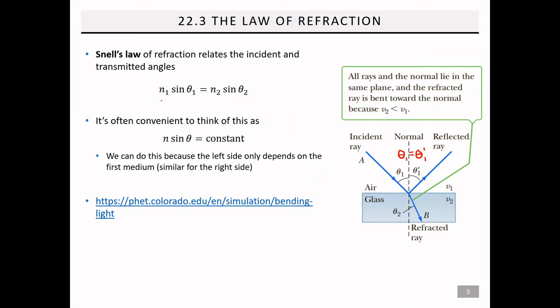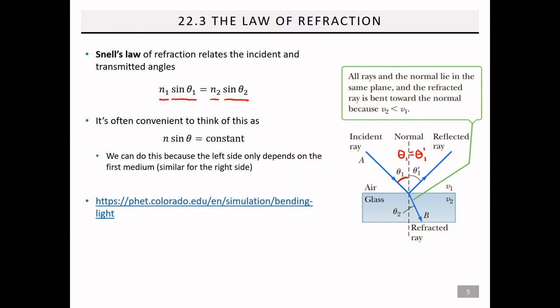It says that n1, the index of refraction in the first medium, times the sine of theta 1, the angle measured from the normal to the incident ray, is equal to the index of refraction in the second medium times the sine of the refracted angle.